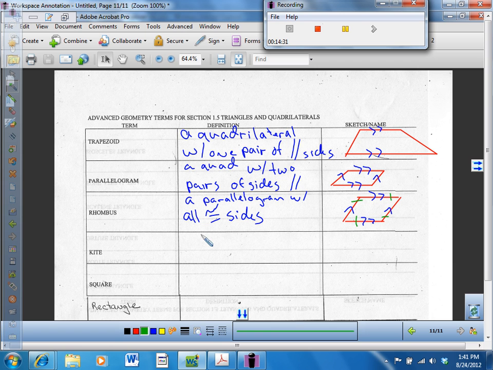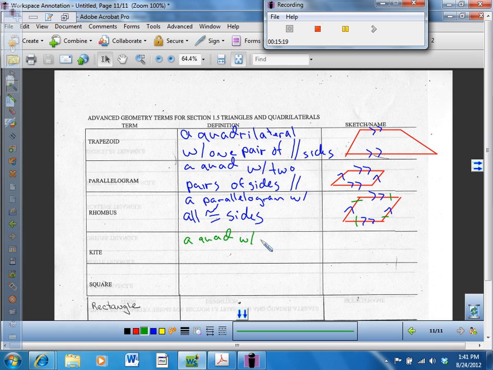Okay, so a kite is a quad with two pairs of congruent sides, because this has two pairs of congruent sides too, right? So you have to say that those congruent sides are adjacent.